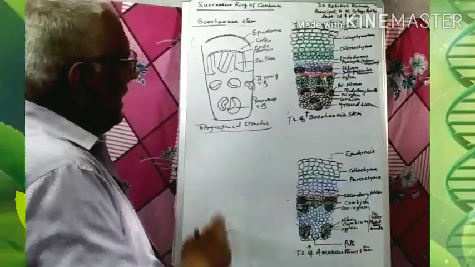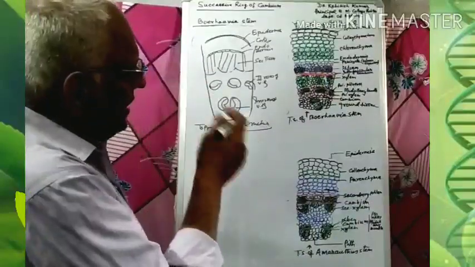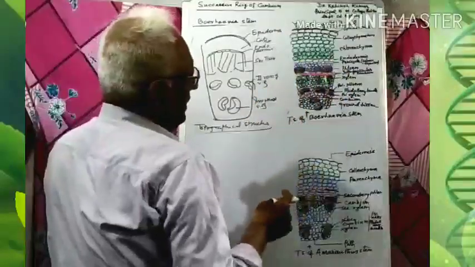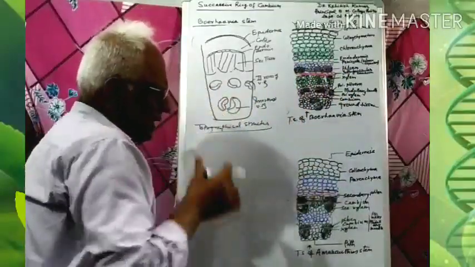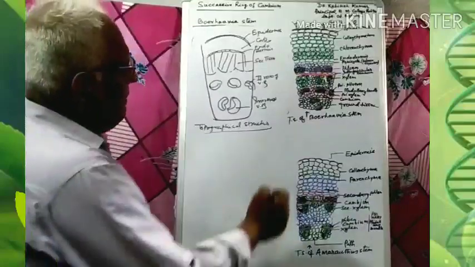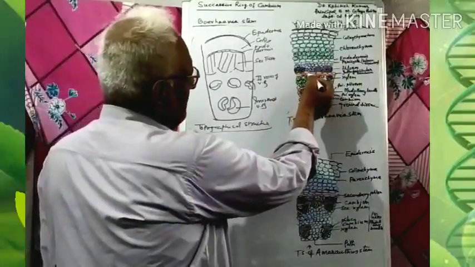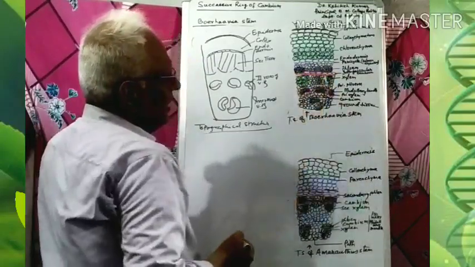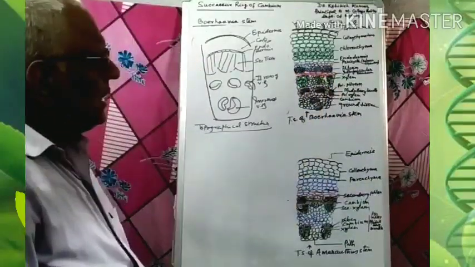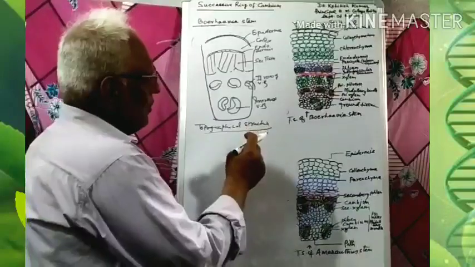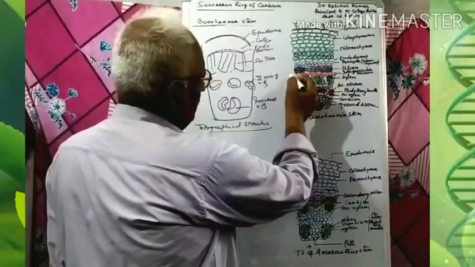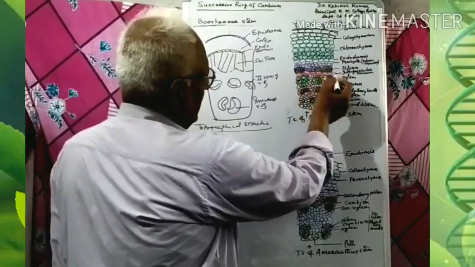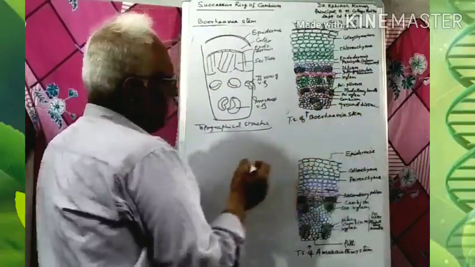After the secondary growth of the first ring is completed, some cells of the parenchyma just above the phloem tissue become meristematic, and they also start to form a cambium ring, the secondary cambium strip.